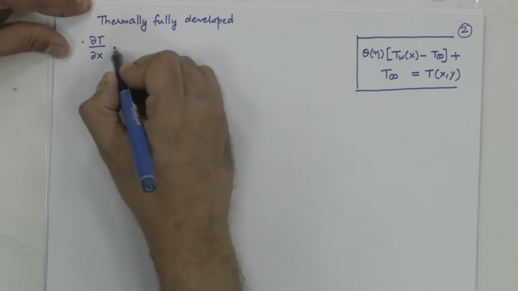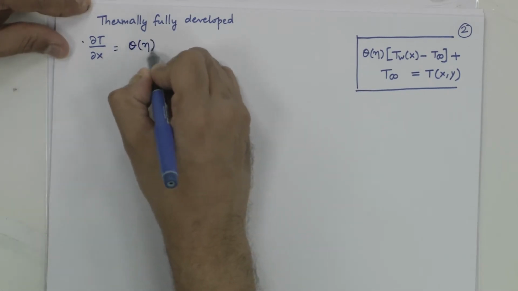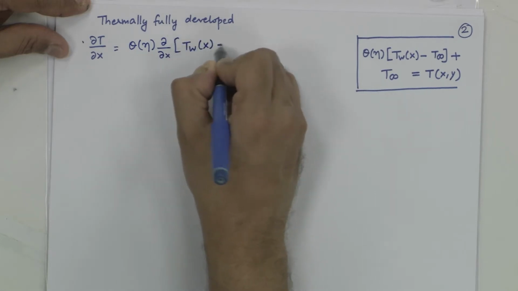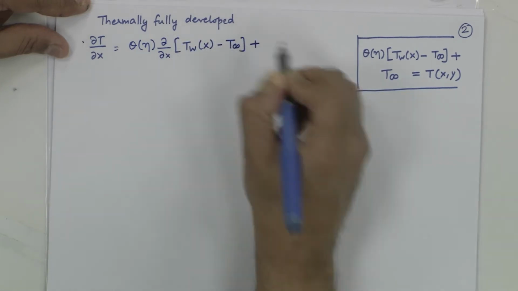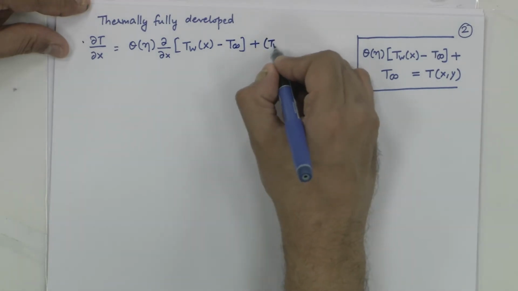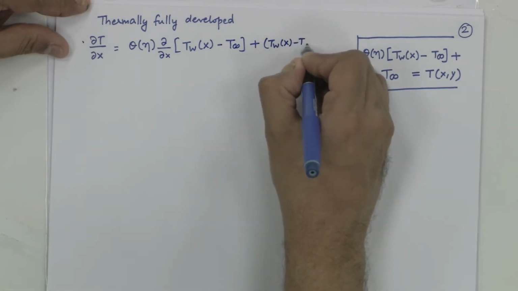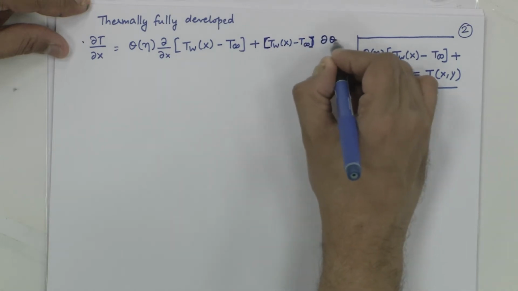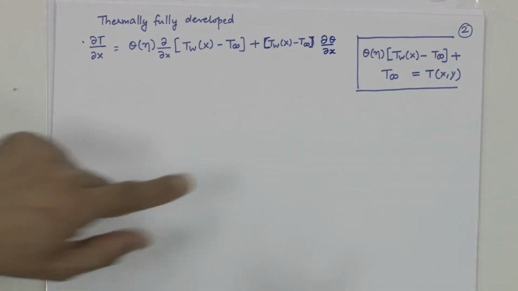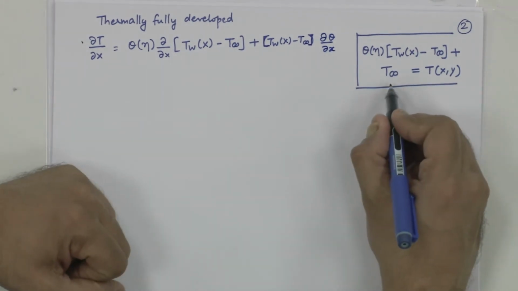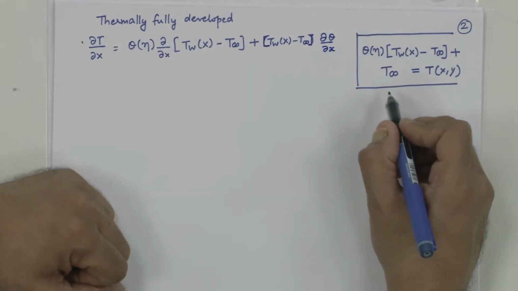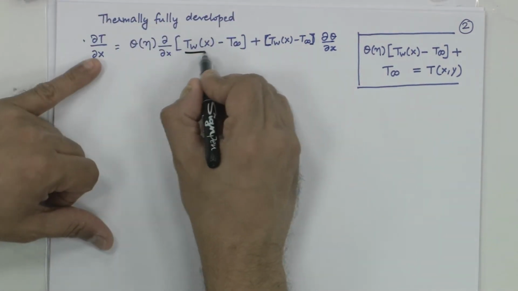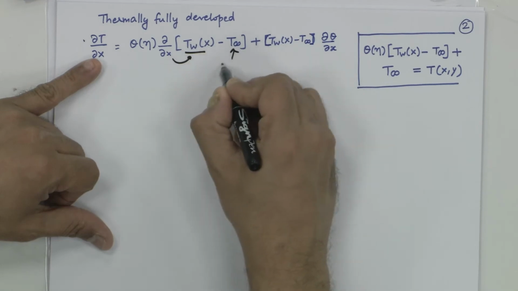So, I will just write this is going to be theta of eta d by dx of T wall of x minus T infinity plus Tw of x minus T infinity d theta by dx. Of course, dT infinity by dx is 0, so we don't write that. If you recall, this is only a function of x, this is a constant.